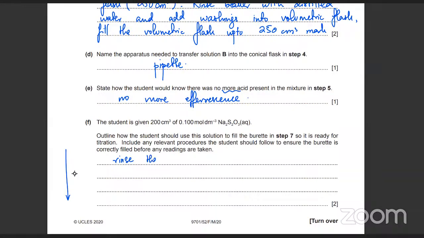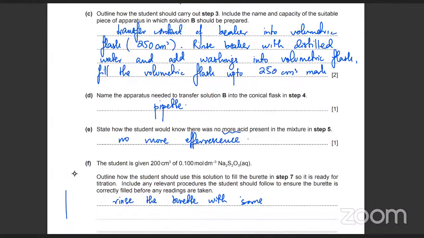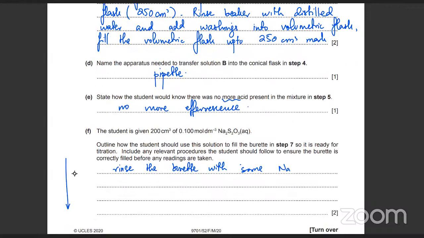So rinse the burette with some Na2S2O3. And remember, this only applies to the burette. Any other flask in the titration will be washed with distilled water.